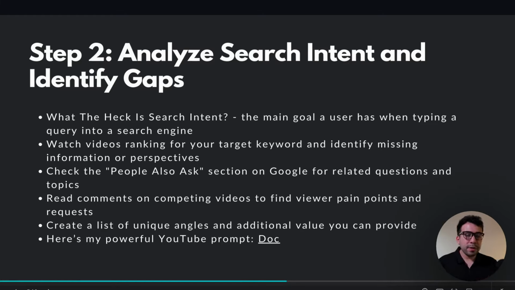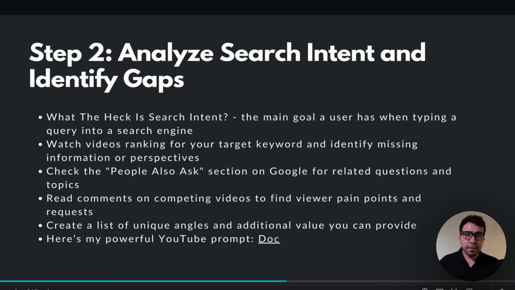So when we type in a query like best coffees for using a Keurig machine, they're going to provide us with all those videos or articles related to that topic. So make sure that you understand search intent. Some examples are commercial, informational, and navigational, and those are really the three key ones that you want to focus on.